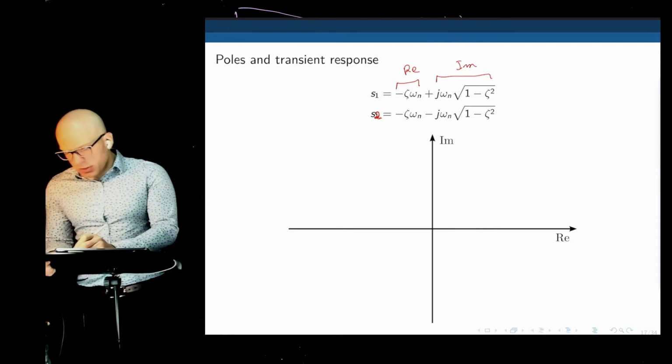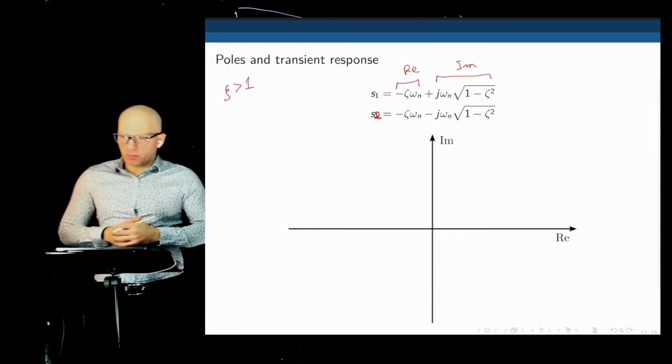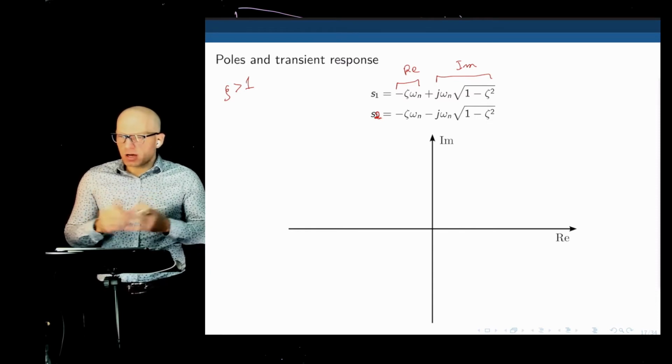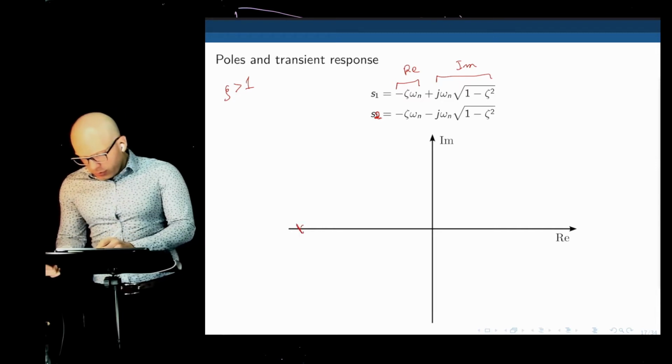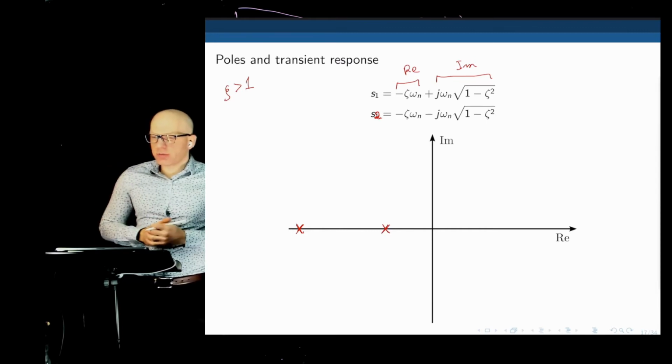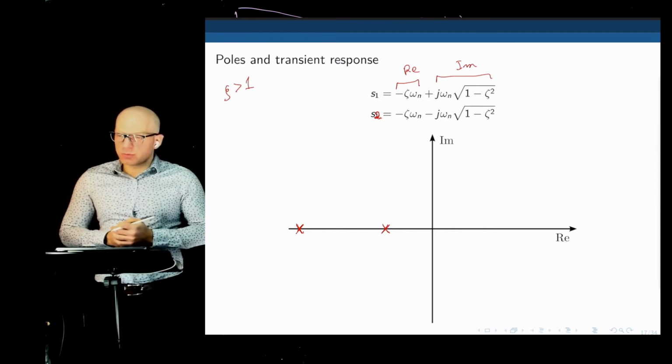When zeta is greater than 1, the imaginary part will disappear because that becomes a real number, and the system will have two poles located on the real axis. This will give rise to an exponential time response.